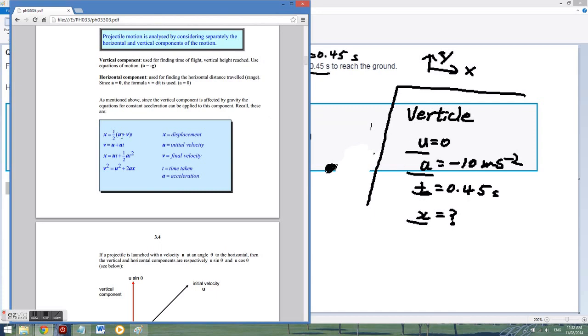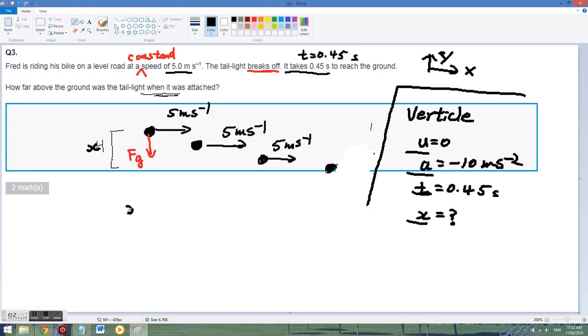U, A, T, X. So this equation seems fine. We have u, a, x, t. So let's write it down. Now substitute all the values in.